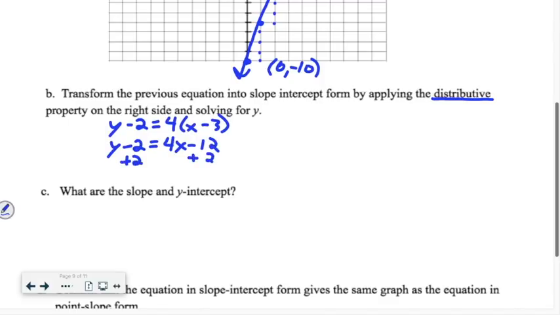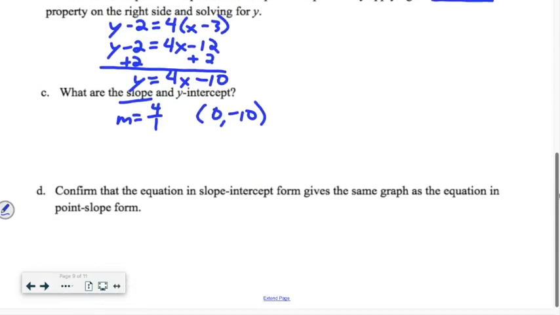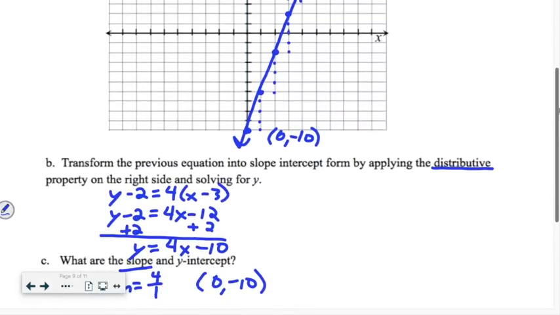Add 2 to both sides. Y is equal to 4x minus 10. According to my slope-intercept form, my slope is 4/1, and my y-intercept is 0, -10. That confirms it is the same exact thing as our point-slope form, since that has the same y-intercept.